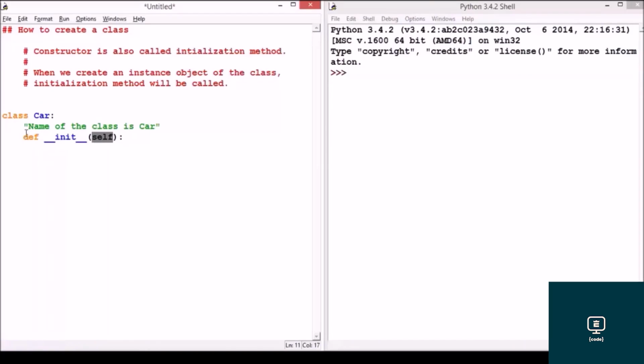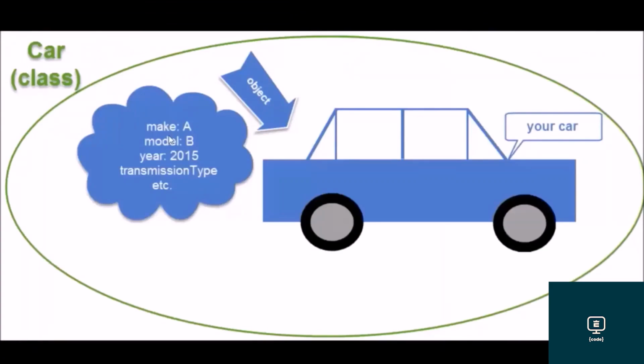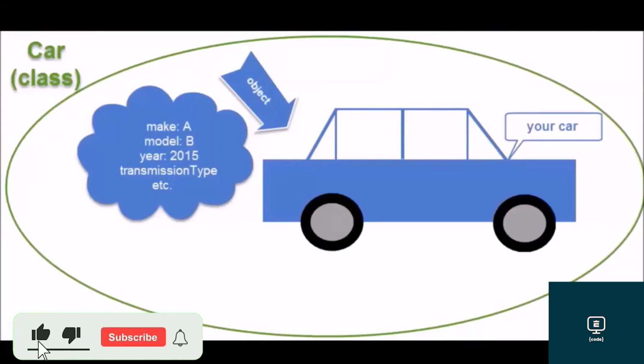Whenever you enter the initialization method of the class, your first parameter will be self. All the parameters will be comma separated. Next, we enter the parameters which are needed for this class. Let's say make, model, and year are needed in this class.